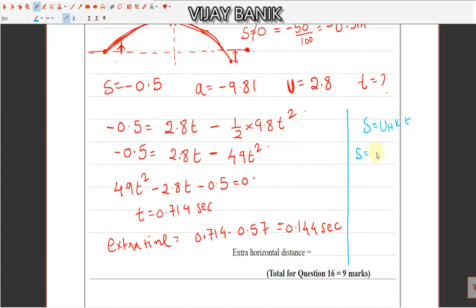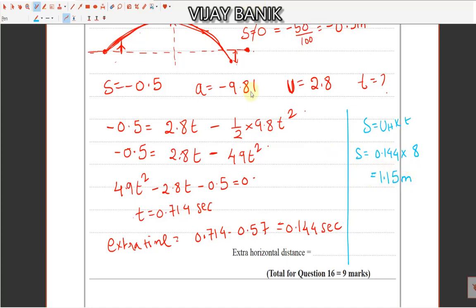So extra distance is 0.144 into 8. In the exam, you're not supposed to write it in this area. If I multiply, he has traveled 1.15 meter extra.